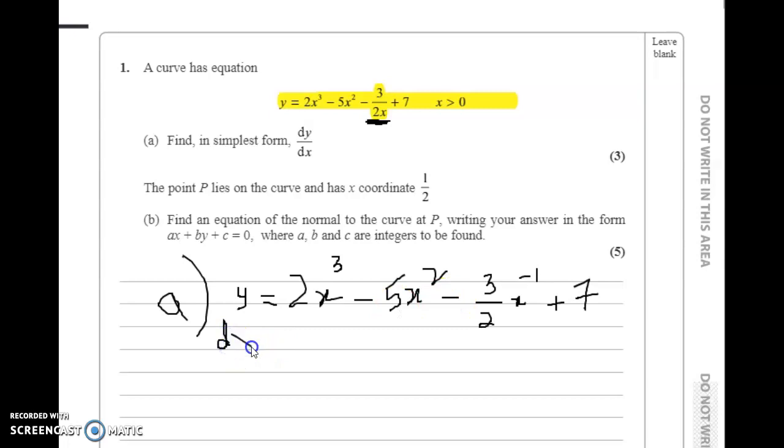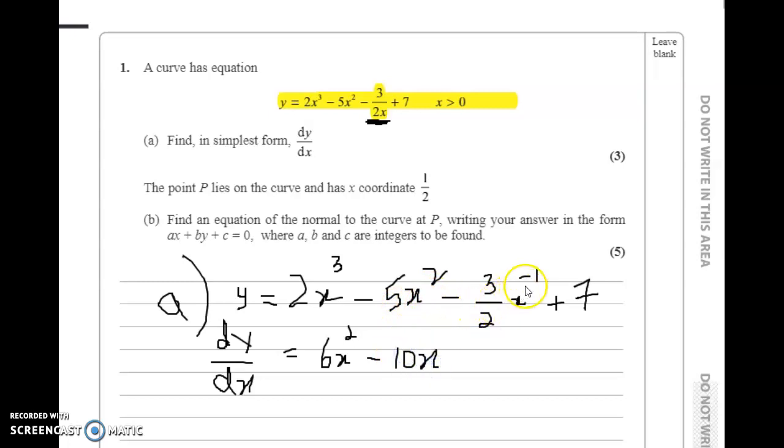So dy by dx will be: 3 into 2 will be 6x, and the power 3 minus 1 is 2. Then minus 5 into 2, so this will be 10x.